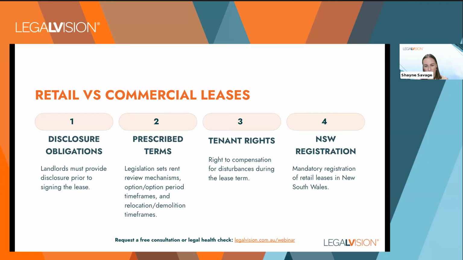Whereas for commercial lease, there are not these additional protections and the parties are able to negotiate those positions themselves and there's not that additional protection.